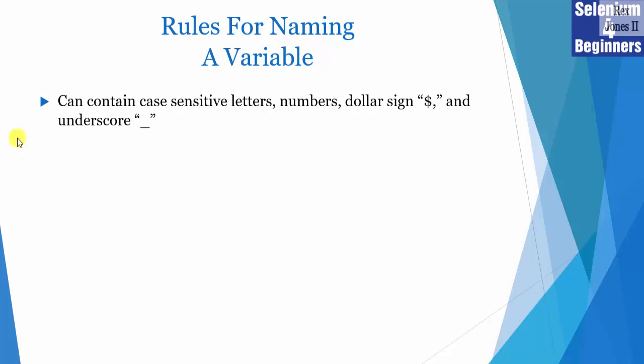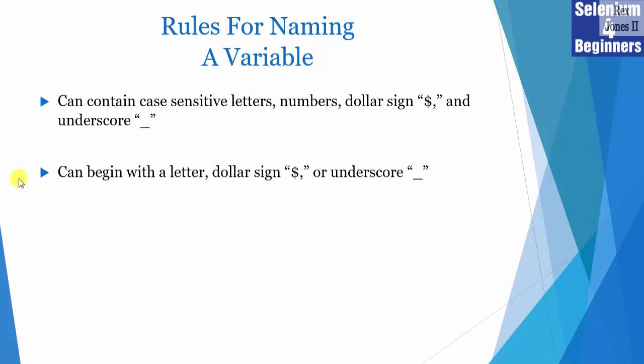We make sure to enter an uppercase letter when it should be uppercase and a lowercase letter when it should be lowercase. The next rule, it can begin with a letter, $, or underscore. Most of the times, a variable begins with a letter.